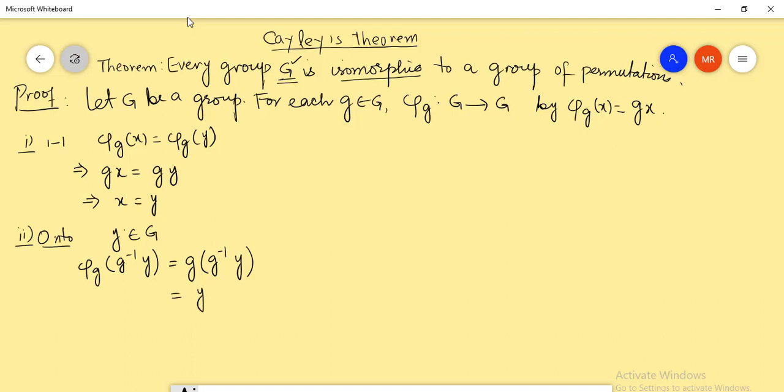Hence any element y of the group G is the image of g inverse y, and hence the mapping is onto. That is, the mapping phi_g is a bijective mapping from G to itself.